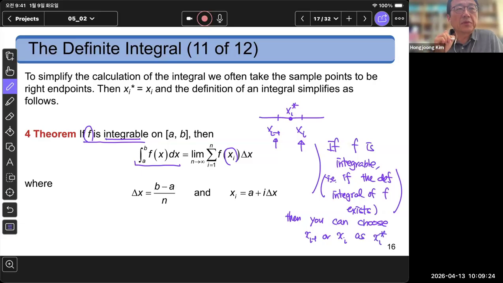That's the meaning of this theorem 4. You can fix one of these two endpoints as your xi star.